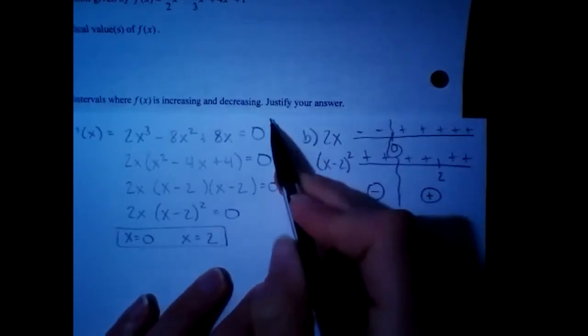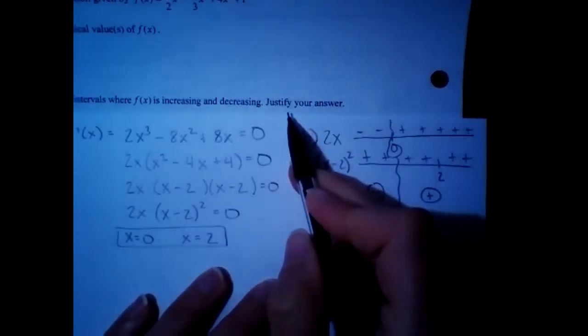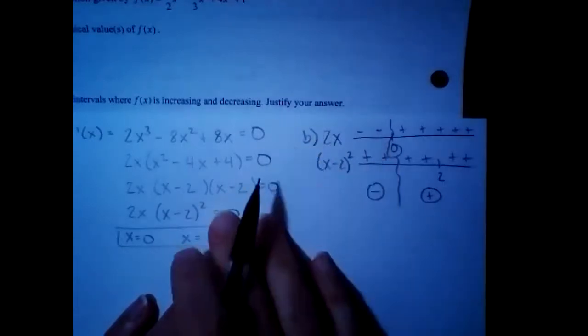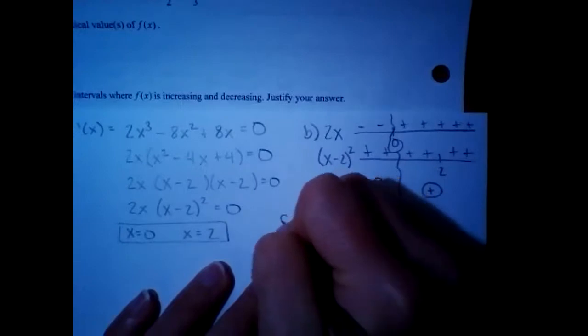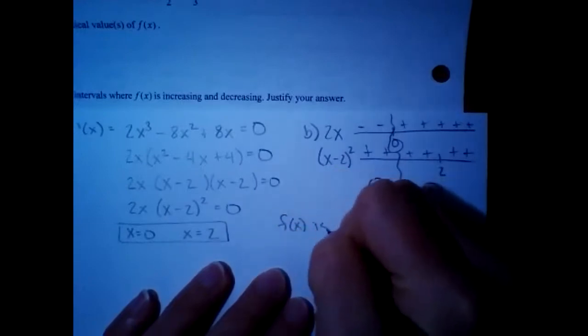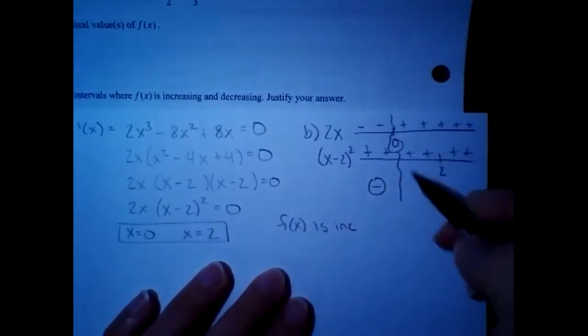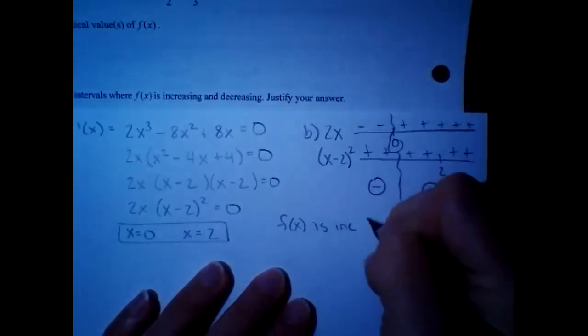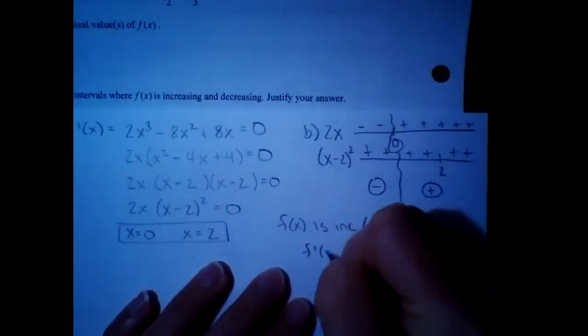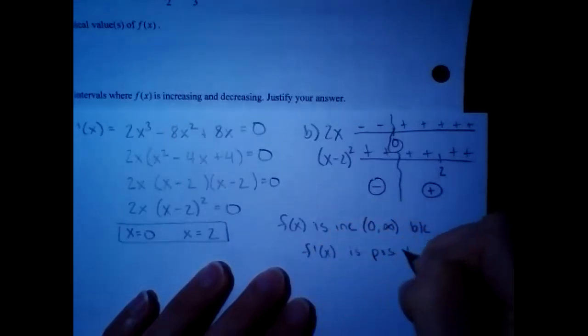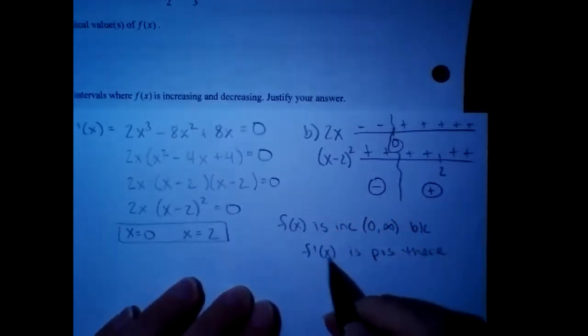Now, when you do the sentences, it's been a while since we did this. Remember, it should start f of x is or f of x has, because f of x is the function you're talking about. So f of x is increasing 0 to infinity because f prime is positive there. F prime is your source that you're citing.